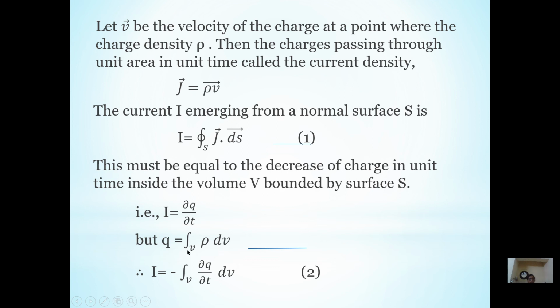Now you are going to substitute this Q in the equation I is equal to delta Q by delta T. Then I is equal to minus, why the negative sign? Because the charges are decreasing, hence we use a negative sign: minus the volume integral of delta Q by delta T into dV. Here instead of Q you are writing this. This is equation 2.